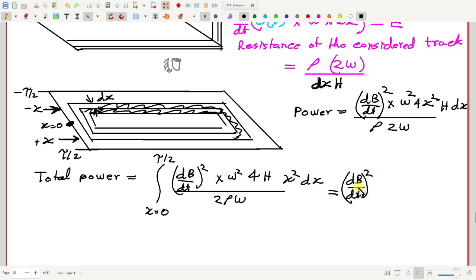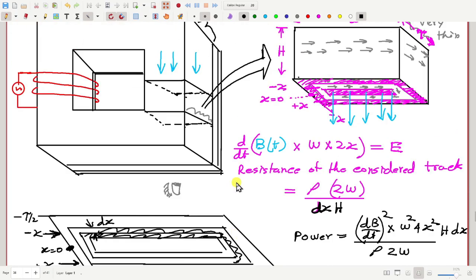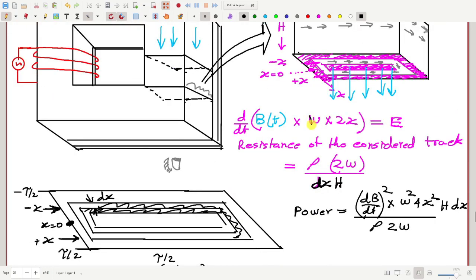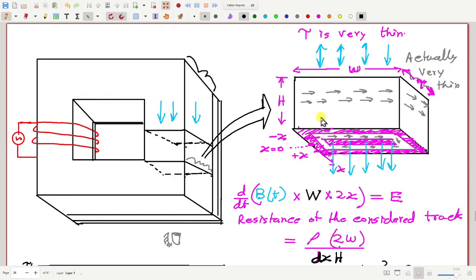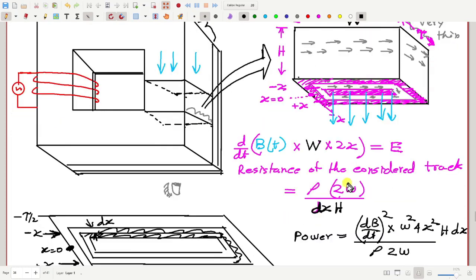Now if we integrate, we will have dB/dt outside the integration. This does not depend on x. Sorry, this is not omega, let me call it w. I was constantly saying omega possibly. I mean w is this width. Please don't call it omega, omega will have a different meaning.